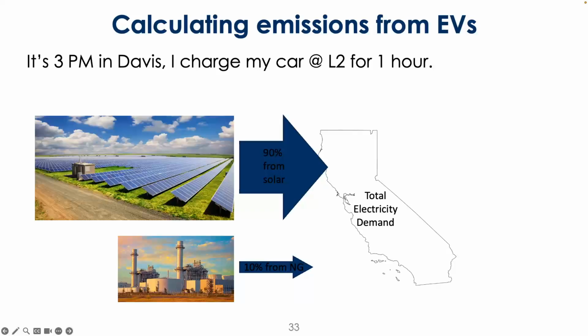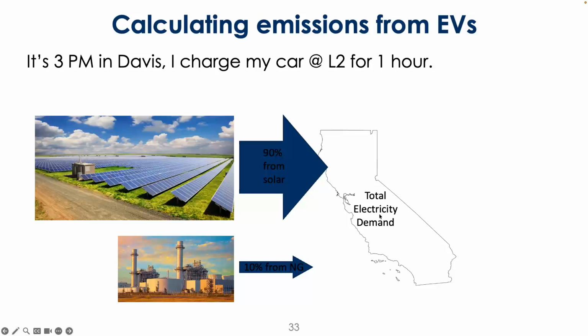The color is a little hard to read, but this is basically saying at this particular time, 90% of my electricity is coming from solar, and about 10% of my electricity is coming from my natural gas plant. So that's supplying all of the electricity demand in the area that I'm interested in.